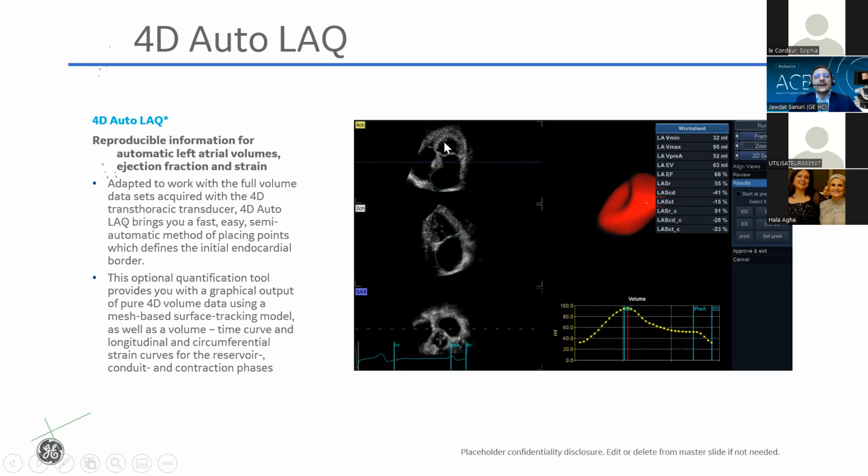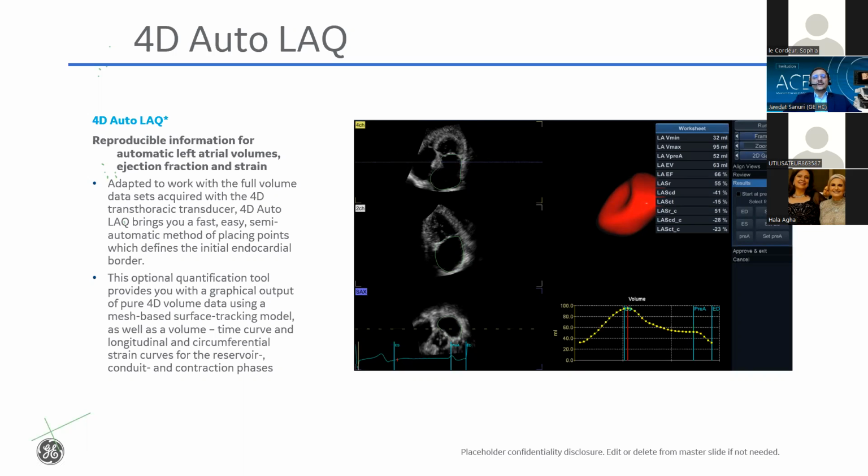Even if you're doing LV, you increase the depth and you're sure that you always have the left atrium within the field of view. And the tool for the auto left atrial quantification is very simple. You simply place a point in the middle of the mitral valve. We will have that in the hands-on in a few seconds.